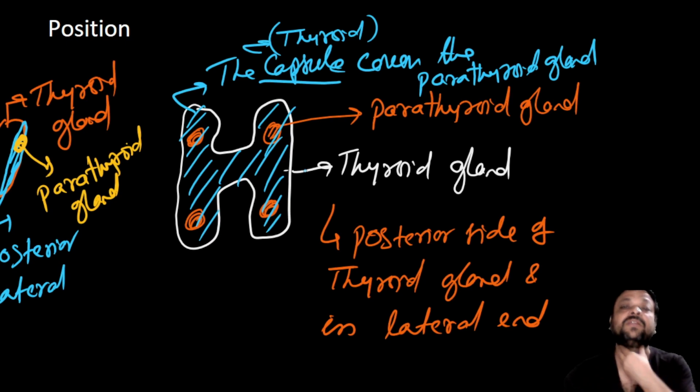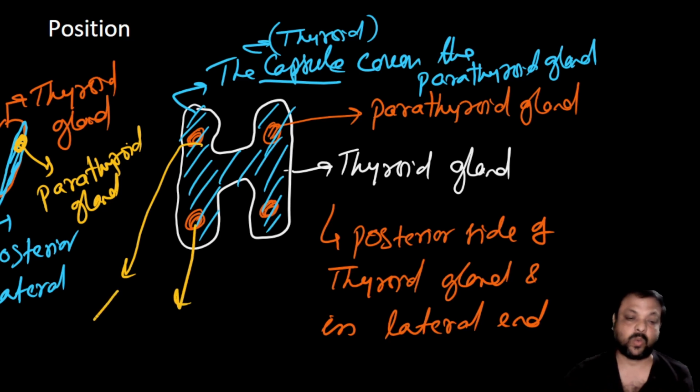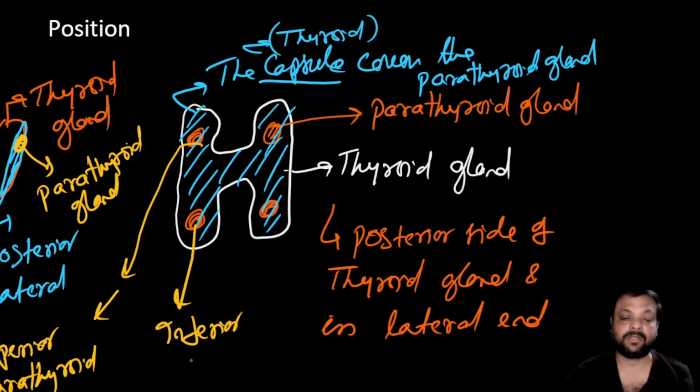Here, this is the thyroid gland. At the back of the thyroid gland, we find this part present. Parathyroid glands are of two types, present parallel to each other. One is called the superior parathyroid gland, and the other is called the inferior parathyroid gland.